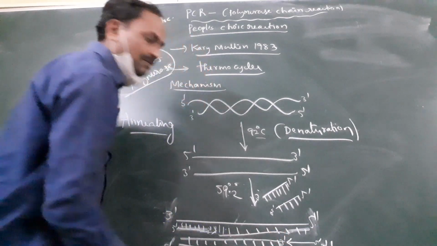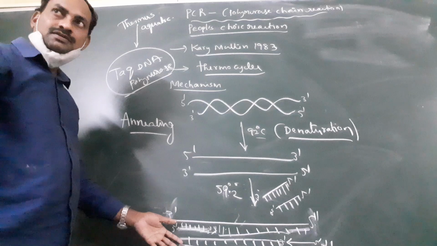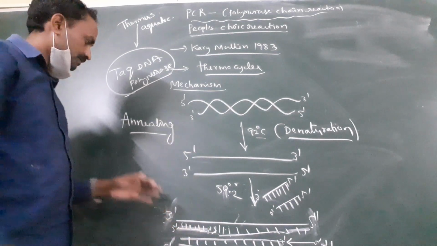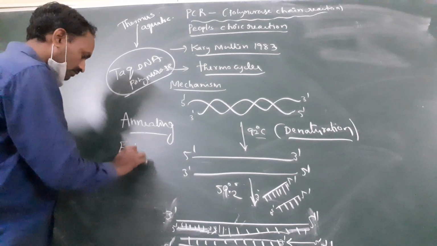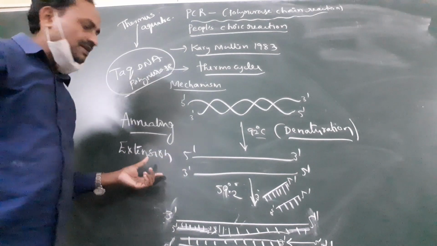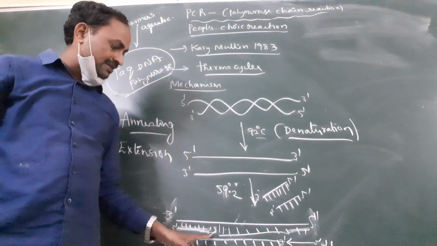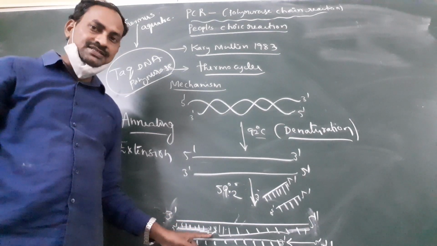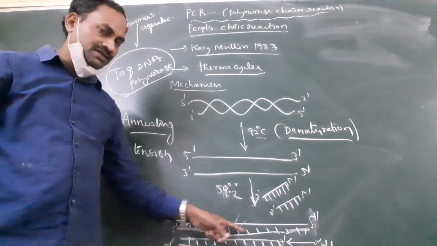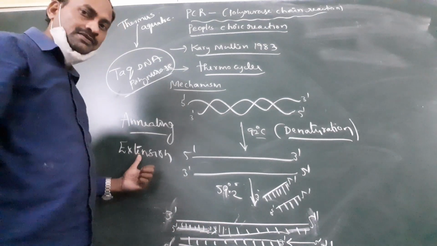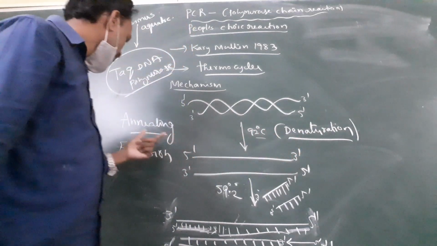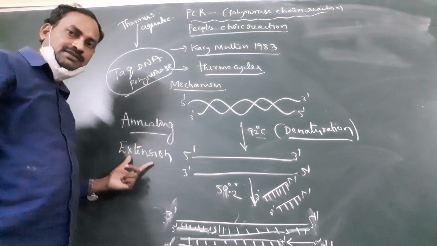The last step of PCR is extension. Extension is the elongation or synthesis of new DNA strands complementary to the target DNA. So now we have three steps: denaturation, annealing, extension.